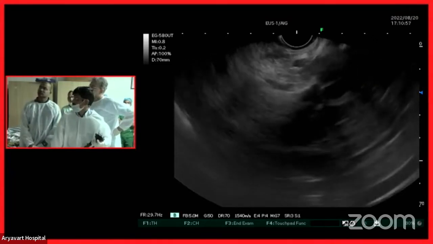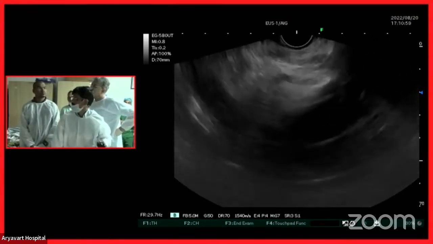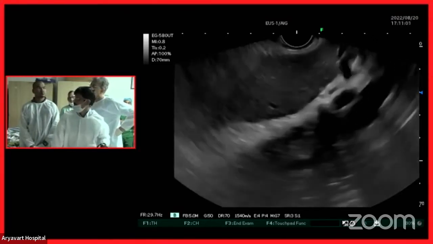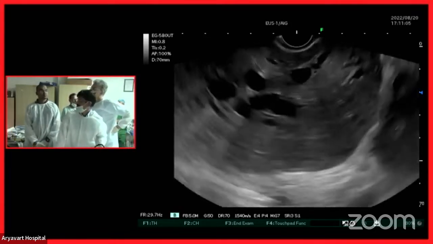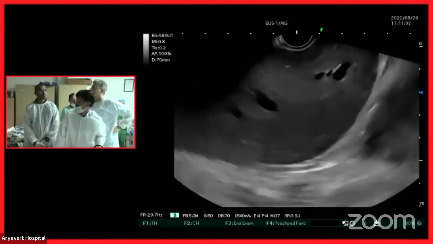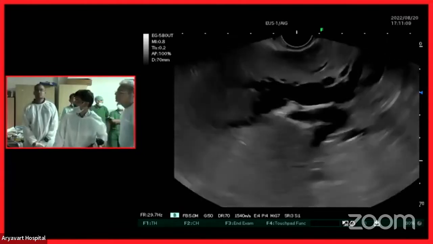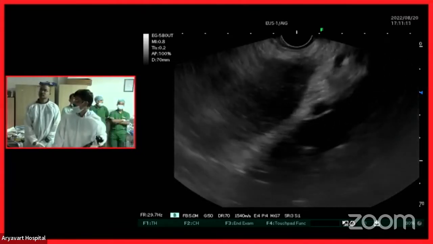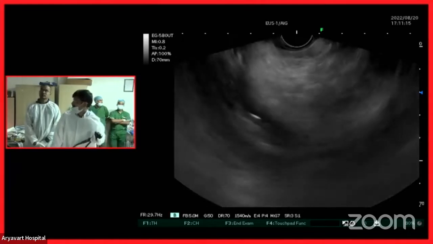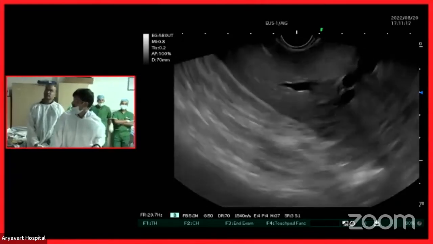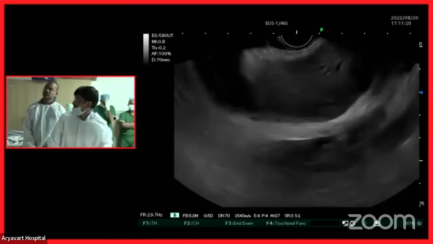This divides the left and the right lobe. I think we are seeing the left segment, segment 2 and segment 3, coming through here. I would expect to start to see the gallbladder here.